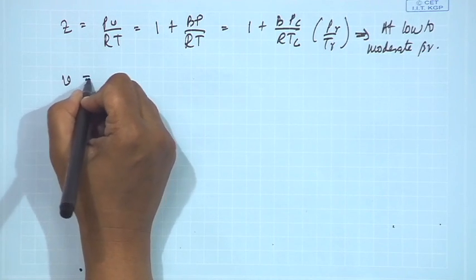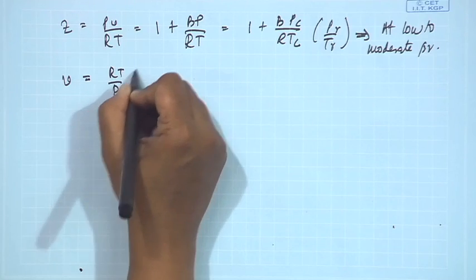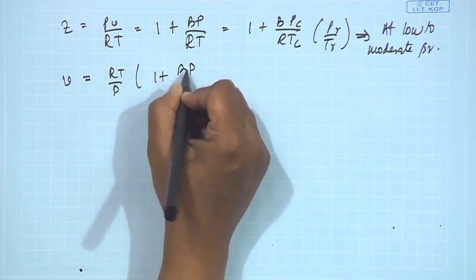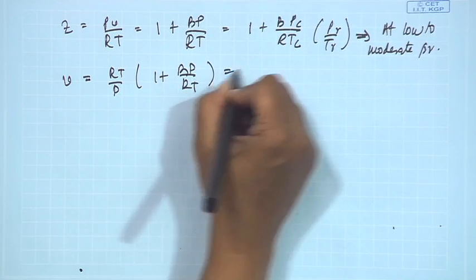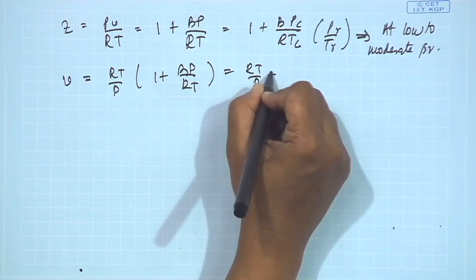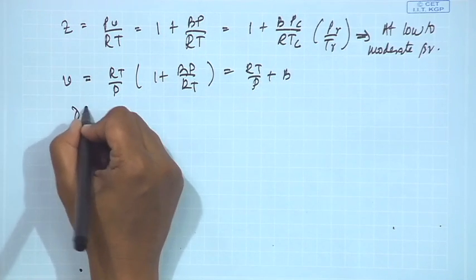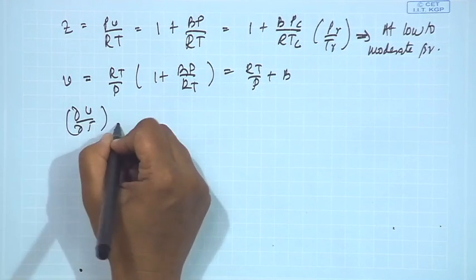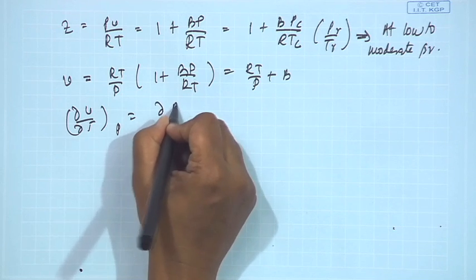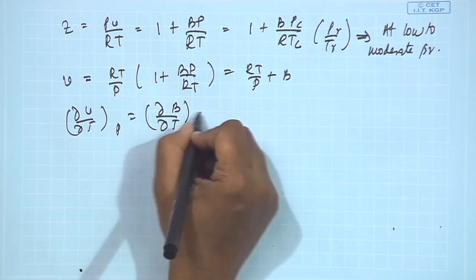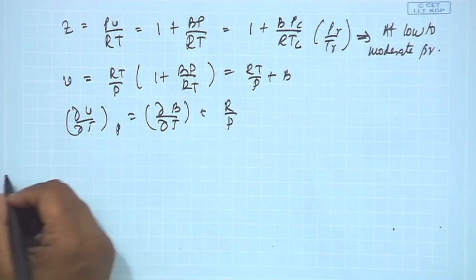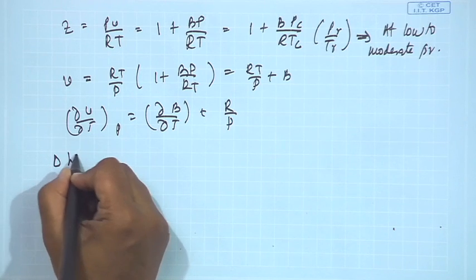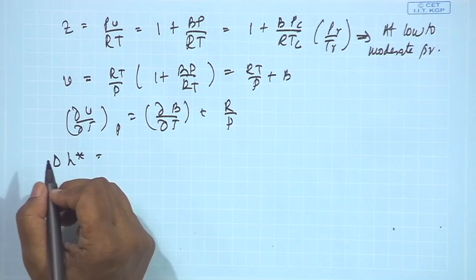So therefore what is V equals to, this is RT by P into 1 plus BP by RT, which is nothing but RT by P plus B. Accordingly, what is del V del T at constant P? This is nothing but dB dT plus R by P. Accordingly, what are the values of delta H star and delta S star that we get from here?